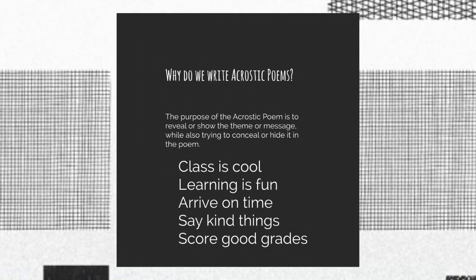So here you see it is the same acrostic poem, but I have made all the letters the same color, the same size, so the message is a little bit more hidden. It's a little more difficult to see. So it is still the same. It is still class. Class is still the message, the theme, but it is more difficult to see. So that is why we write it. We want to reveal or show the theme, but we also want it to be hidden.